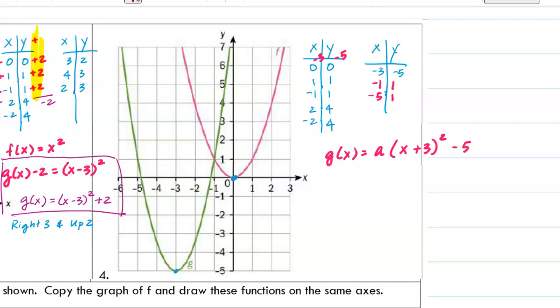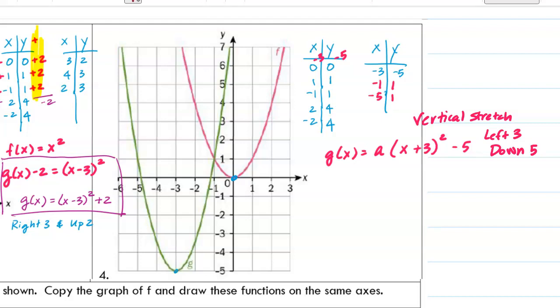But rather than putting the multiplication number inside the function, it's easier to put it outside. Another way to find the a value, we definitely know it's a vertical stretch. Let's go ahead and write that down. Vertical stretch, and we know that it goes left 3 and down 5.